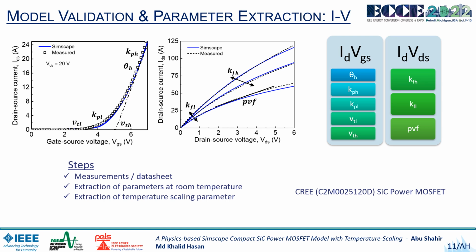Then the other two current gain parameters, KFL for the low current region and KFH for the high current region, and the transition parameter PVF are obtained from the output characteristics curve as shown in the figure on the right.